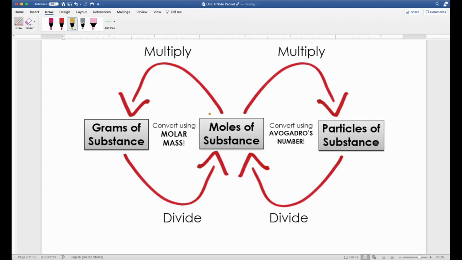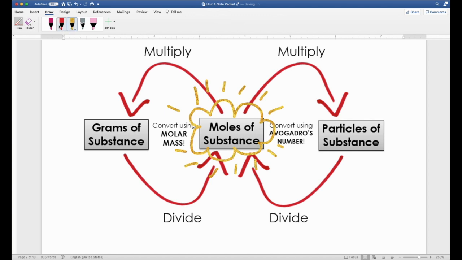So let's take that nice gold pen out again, and we're going to highlight this. The moles of a substance is what you always need to find. This relates everything to everything else in chemistry. This is crucial. Mole conversions are very important.